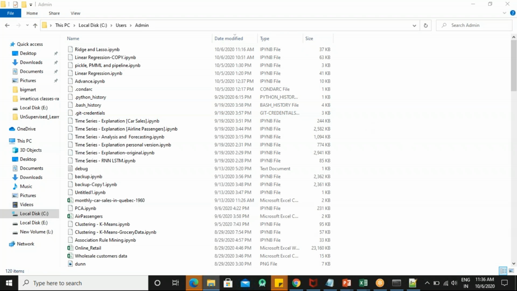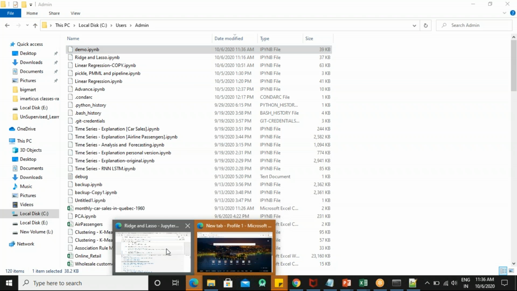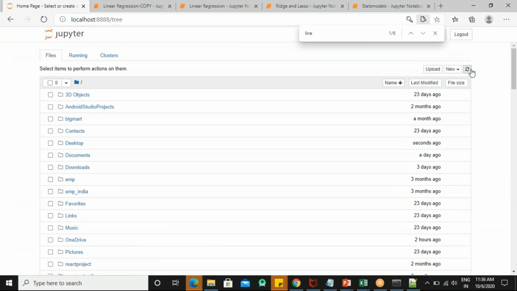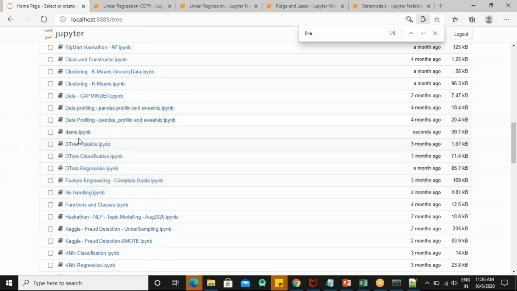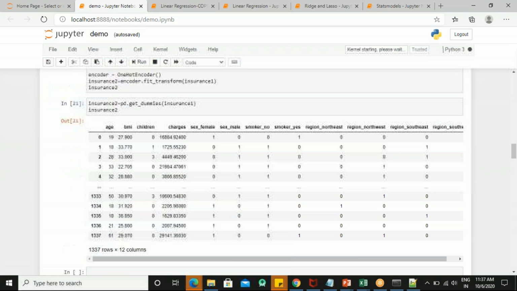My Jupyter notebooks are actually here, so you can place it at a proper place. Let me refresh this. I have just placed it here. It came here, demo.ipynb. I'll open it, and it will open.